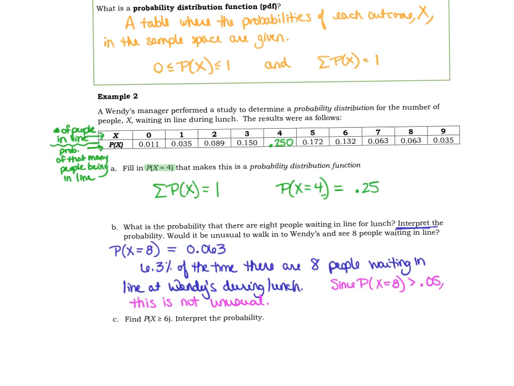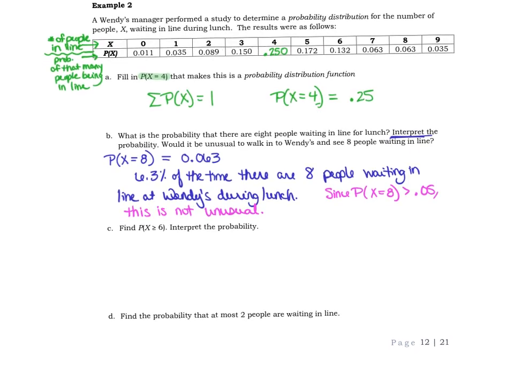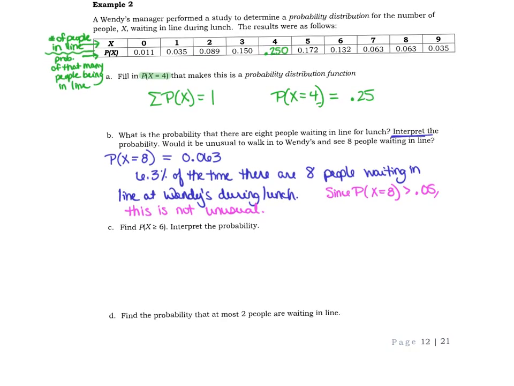All right, looking at the next part, part C, find the probability that X is greater than or equal to 6, and then interpret the probability. So X is greater than or equal to 6 means we want to add the probabilities of there being 6 or more customers waiting in line.